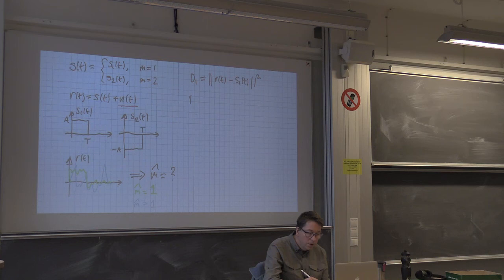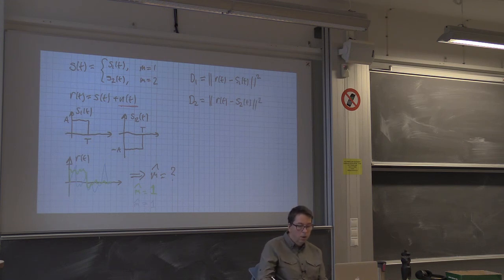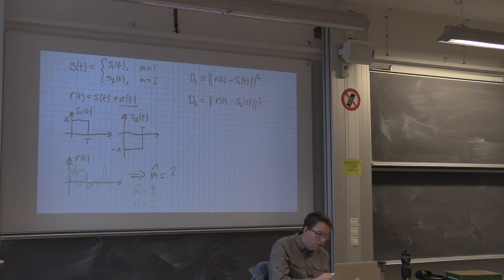And then we compute d2, which is the distance between r and s2. Let's take the squares out like this.